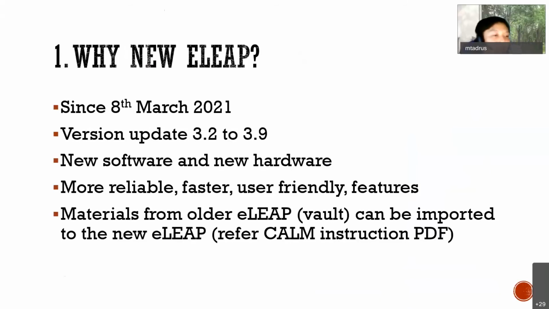That's the most fun part, we have more features. Materials from the older Ellip that we call Vault now can be imported to the new Ellip. If you email Ellip at UNIMAS for access, they will include a PDF file there. The PDF file has extra instructions on ways you can import things from the older Ellip to the new Ellip.